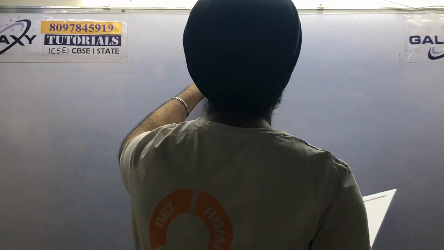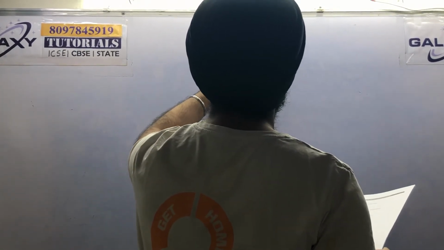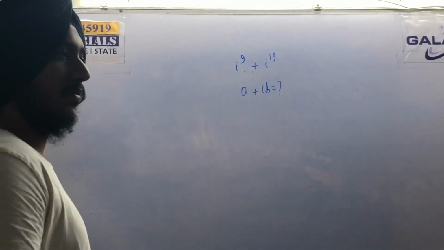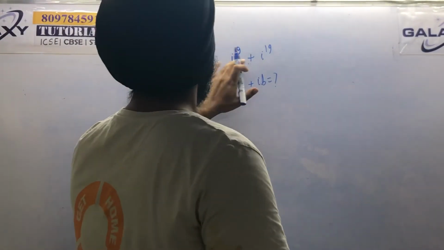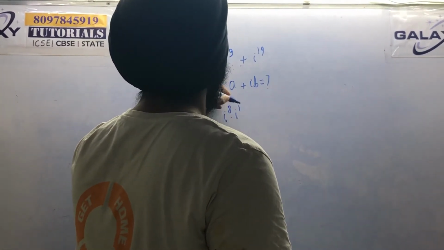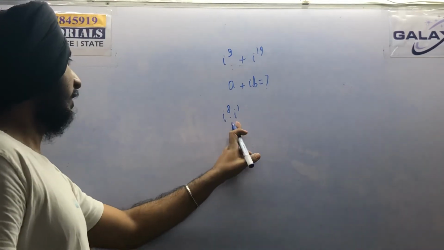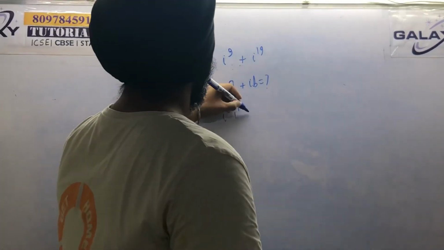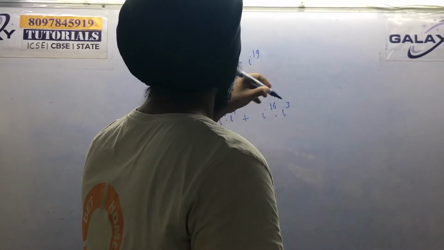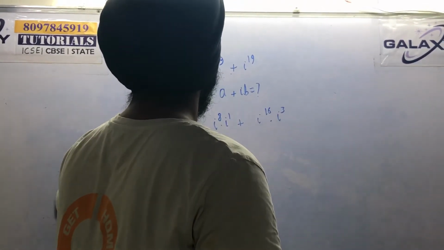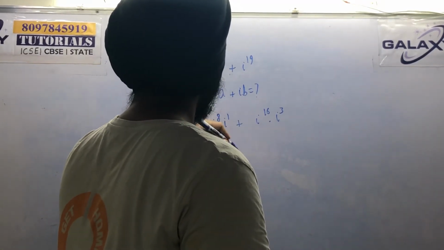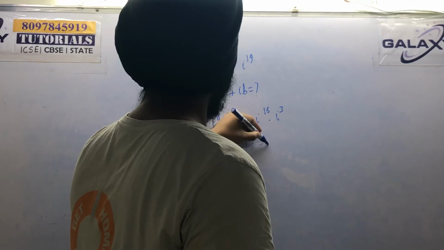We have to express it in the form of a plus iota b. Okay, so just simplify this. So iota 9 is a multiple of 8, so express it as iota 8 into iota 1 plus iota 16 into iota cube. So this is what? 1 into iota plus 1 into minus iota.